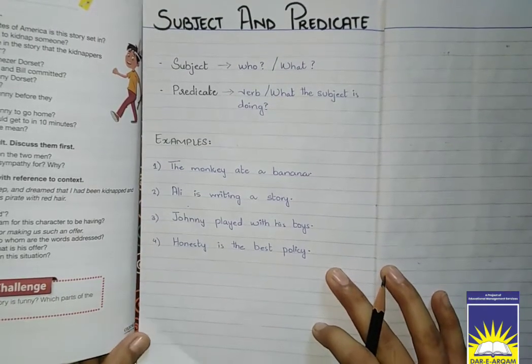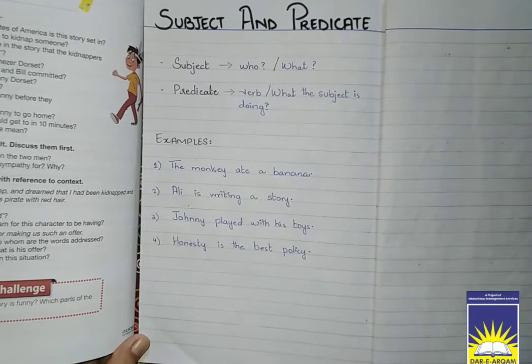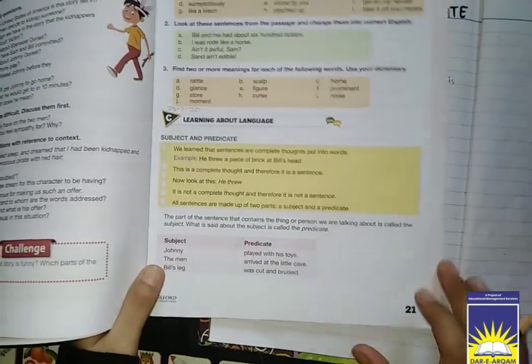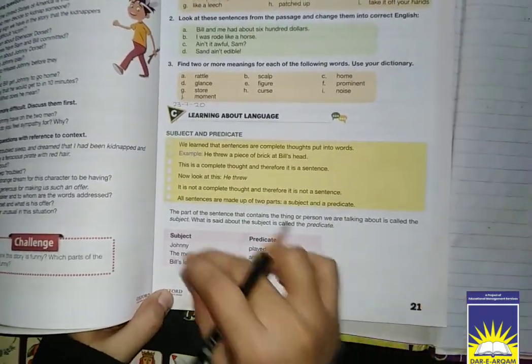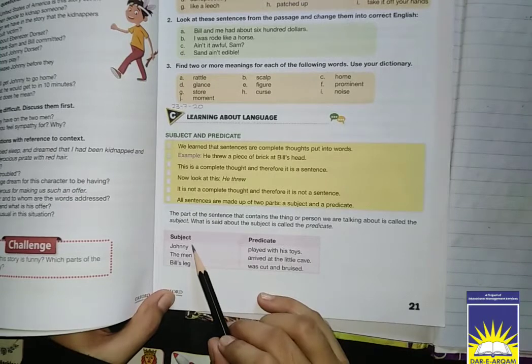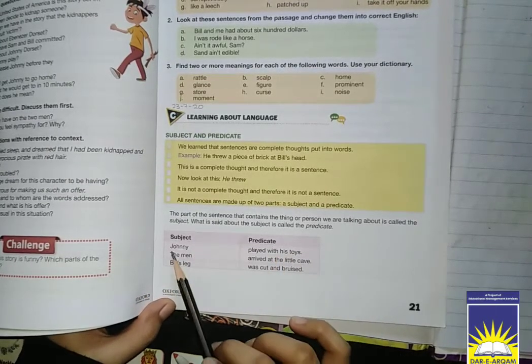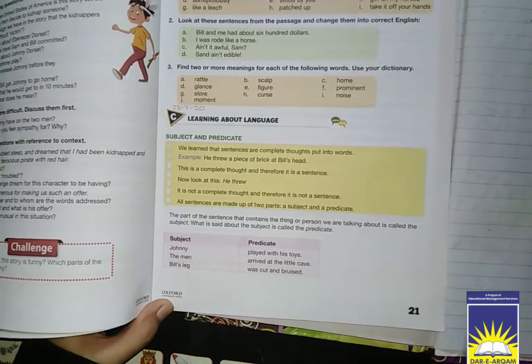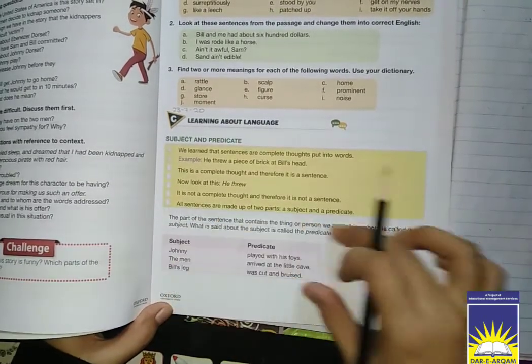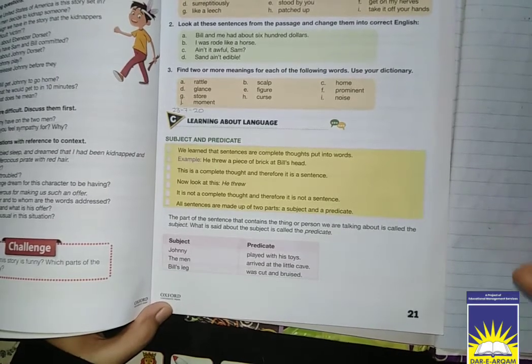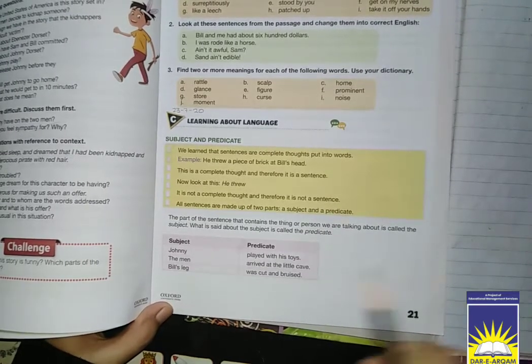Let's come to the examples. First, I would like to share the examples from the book. Now look at this pink box. Here is the column of subject and here is the column of predicate. This is a complete sentence, and in this book it is broken into two parts so you can easily understand the concept of subject and predicate.